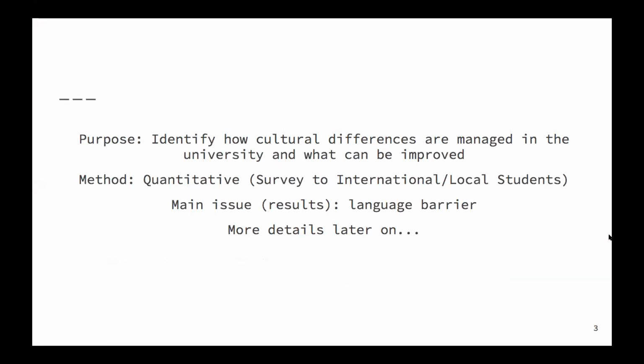The purpose of our project was to identify how cultural differences are managed in the university and what can be improved. Our method was quantitative. We surveyed international and Korean students to get our results. And what we found is that the language barrier is the main issue. We're going to go more into depth later.